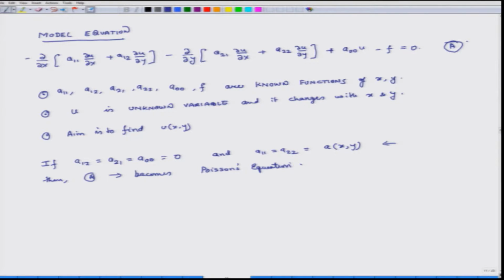See, this term goes away, this term goes away, this term goes away, and this becomes A. Then this equation B is the same as equation A. If we do the operations correctly, we can clearly show that equation B is the same as equation A.